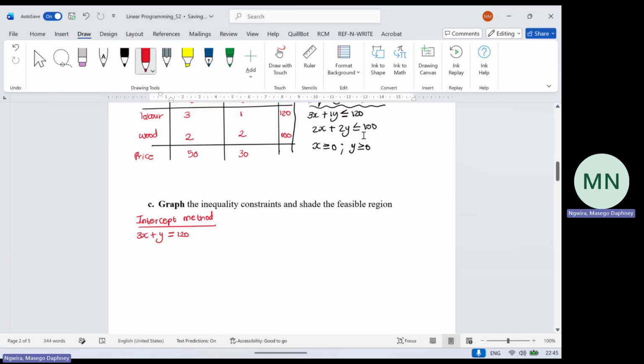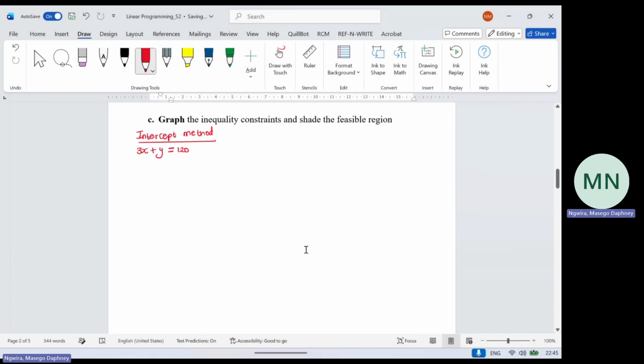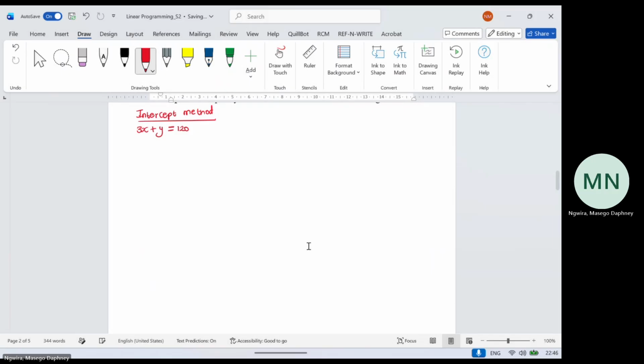When we solve for the intercepts, we start first. Let me use a black pen, sorry. Okay, so it's 3x plus y is equal to 120.